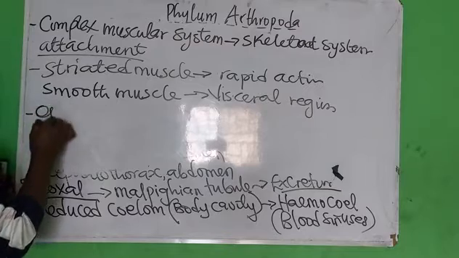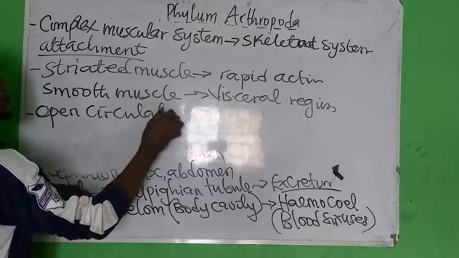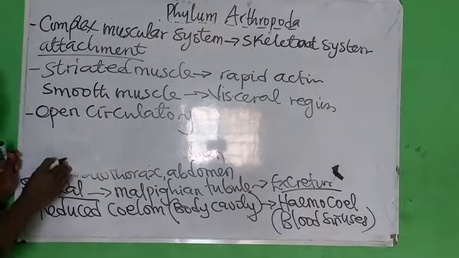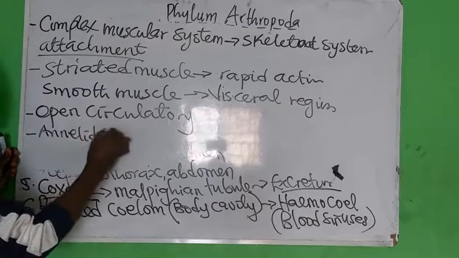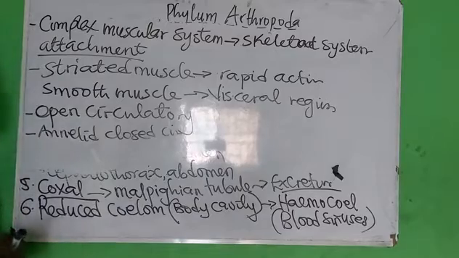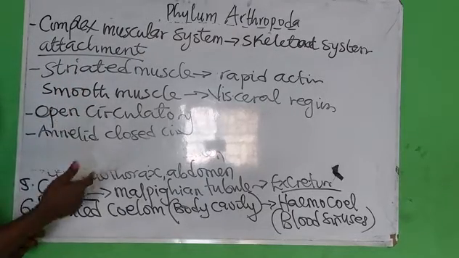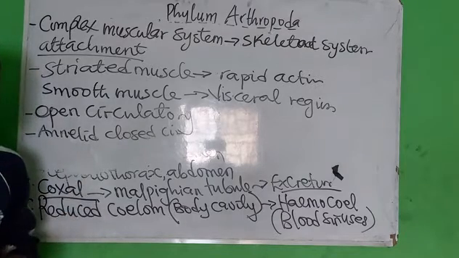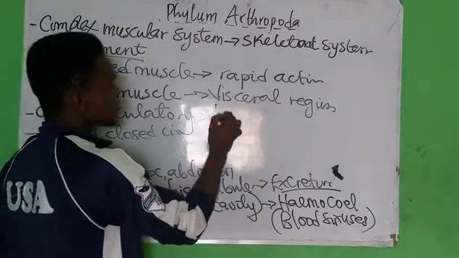Please, these guys, they have open circulatory system. Unlike the annelids. Annelids have closed circulatory what? System. The phylum Arthropoda, the organisms have open circulatory system. The phylum Annelida, they have closed circulatory system. Now, this circulatory system is made up of what?